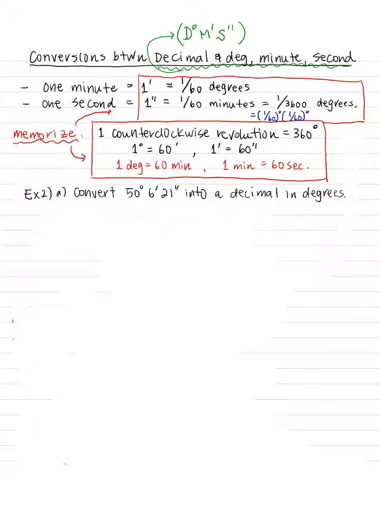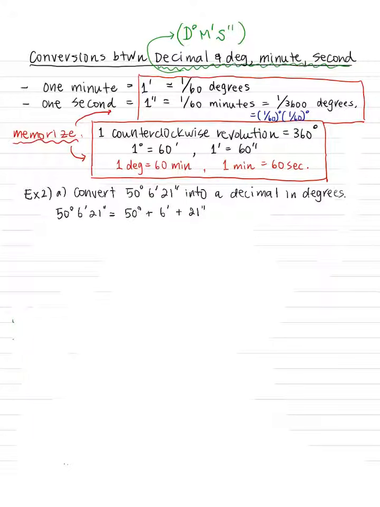Let me just first write it out as 50 degrees, 6 minutes, and 21 seconds. First step, what I would do is separate them. So this is the same thing as 50 degrees plus 6 minutes, and then plus 21 seconds.